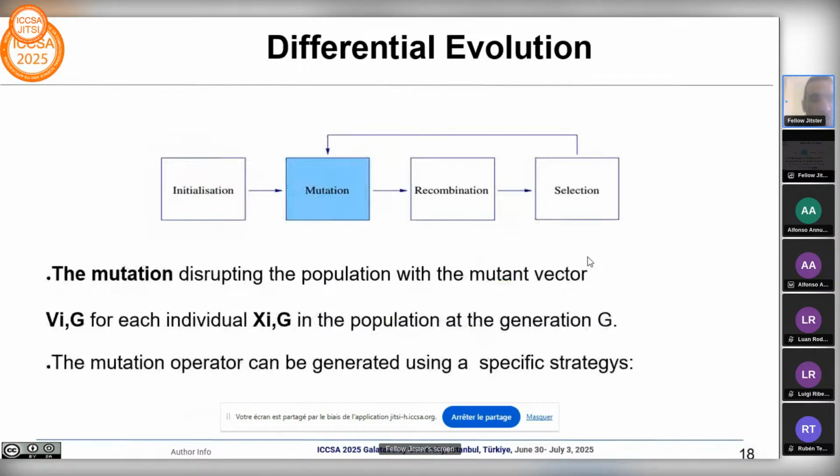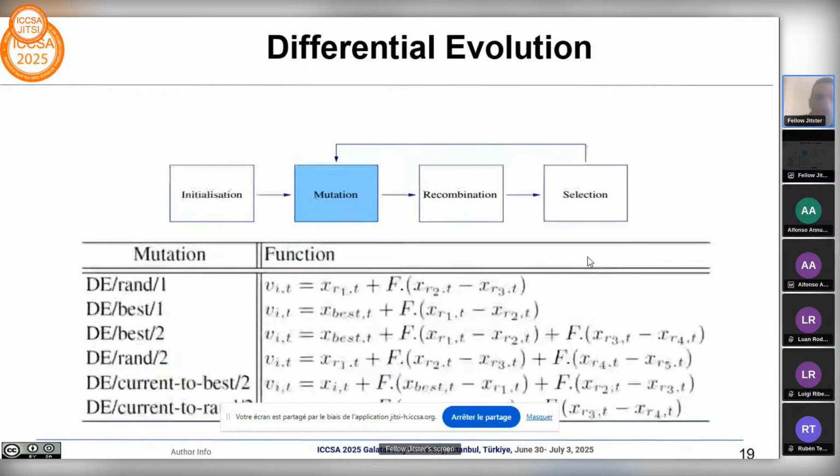The mutation disturbs the population with a mutant vector for each individual in the population at one generation. The mutation operator can be generated using a specific strategy. Many strategies are used, but in this work, we use the strategy based on random, the first one.